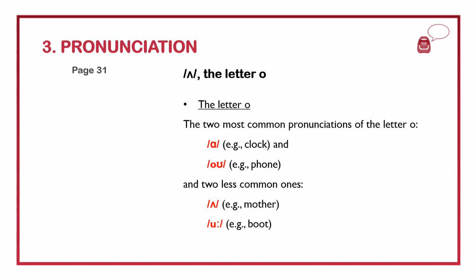Now let's look at the letter O, which can have different sounds. The two most common pronunciations of the letter O are these two, and O. So we can have like clock and O like phone. And the two less common sounds are the sound as I told you in the previous slide with the example mother, and oo like the word boot.